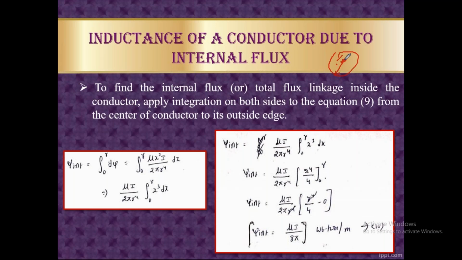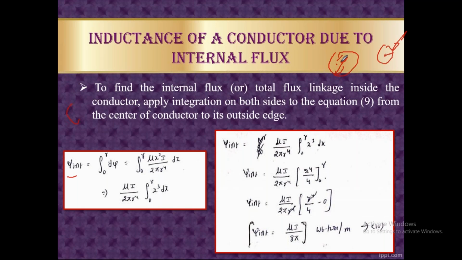So let me take that the flux linkage changes from 0 to R. Why? Because the radius from the origin to the outer surface is R, right? So we have to find how the flux linkage changes from 0 to R. Up to the outer surface, the entire part will be internal only.